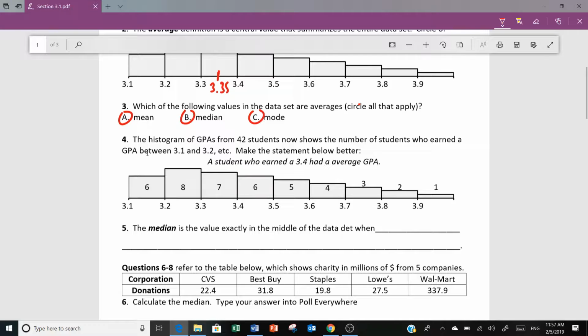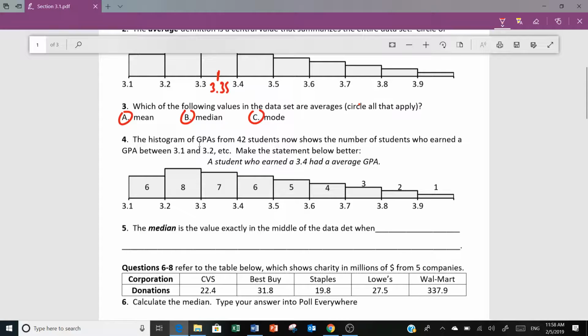So here we have now the histogram again, and this time I told us the number of students that scored a GPA between 3.1 and 3.2. Now you'll notice there were 42 students, and if you add 6, 8, and 7 together, that's 21. And if you add 6, 5, 4, 3, 2, and 1 together, what number do you get?